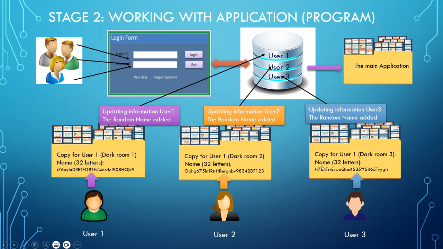The copies are identical, except that they are all in different folders with different random names, and these random names cannot be repeated because the probability of repeating is very low. So the users will use these copies. For user 1, there is a copy for him, and he can work with the application.